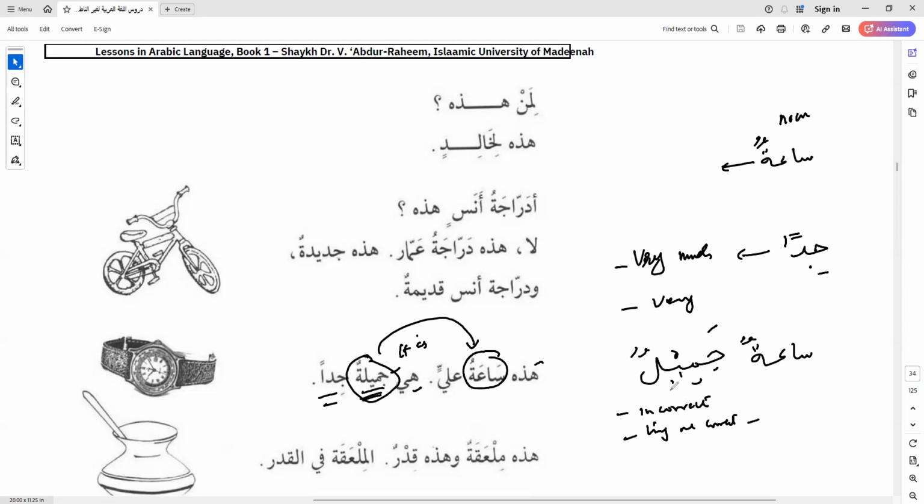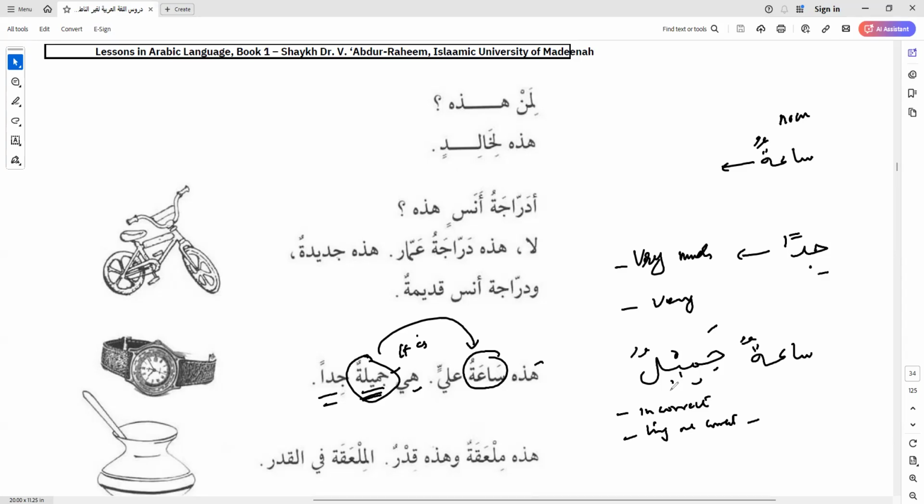Let's say I'm walking in the street of Cairo and I say, hey, Sa'atun Jamilun. They will understand me, and they will also know that this person is speaking without any attention to grammar. So my statement is understood. But in terms of grammar, I'm wrong.